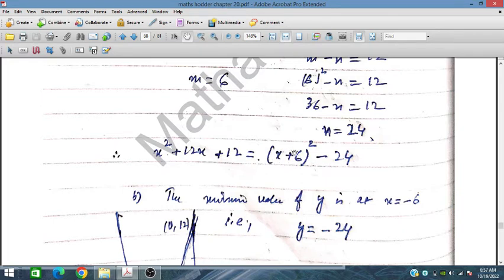So the minimum value of y is at x equal to minus 6.